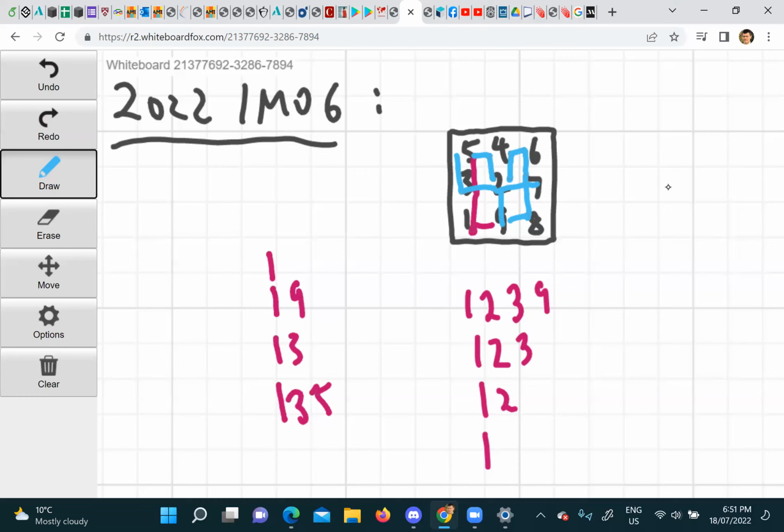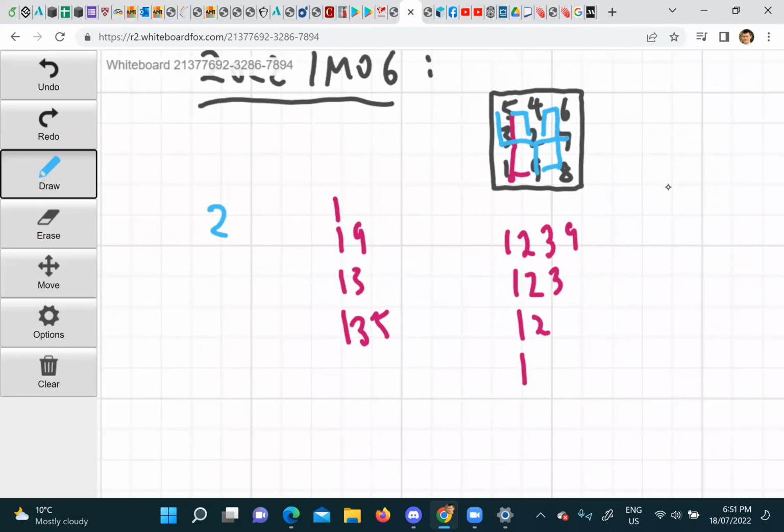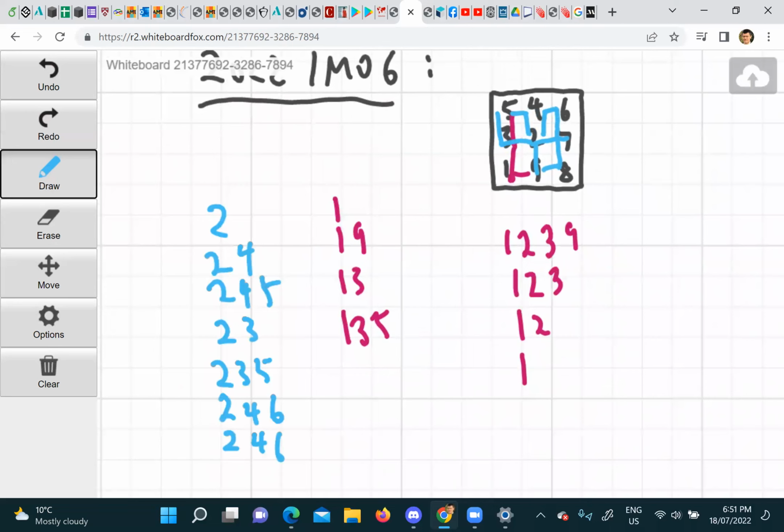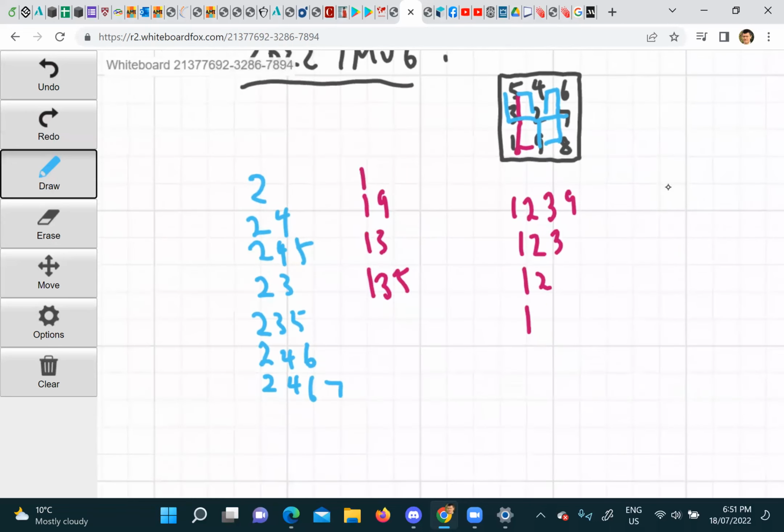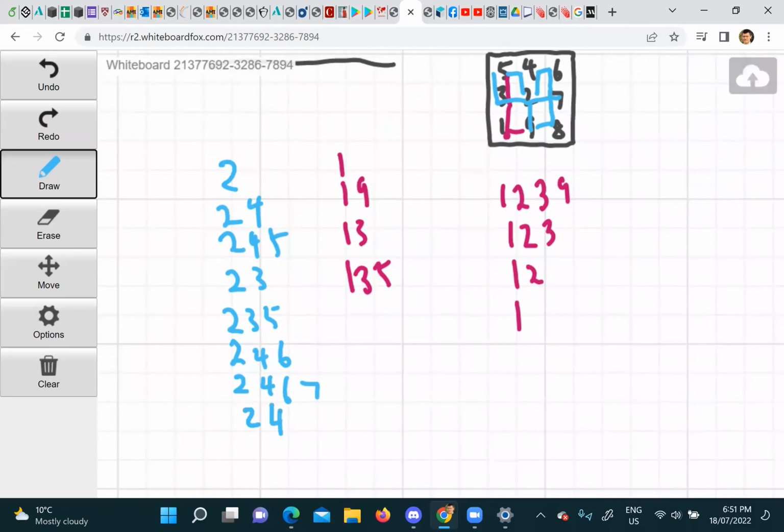So you have 2. 2 goes to 4. 2, 4, 5. 2, 3. 2, 3, 5. You have 2, 4, 6. 2, 4, 6, 7. 2, 4, 6, 7, 8, 2, 4, 6, 7, 8, 9.